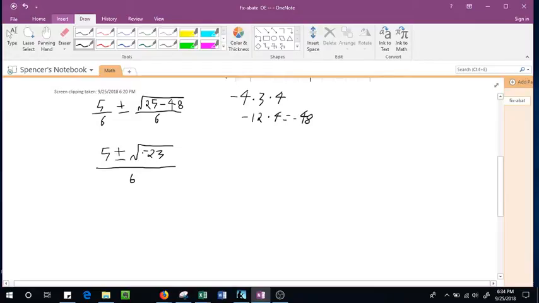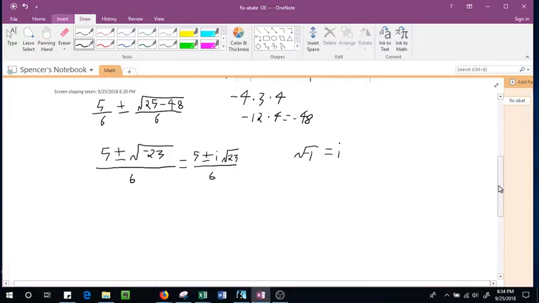Now recall that when we're trying to get rid of a negative under a root, the square root of negative 1 is not possible, so it is an imaginary solution. So our final simplification is going to be 5 plus or minus i root 23 over 6. And we cannot do anything more than that.